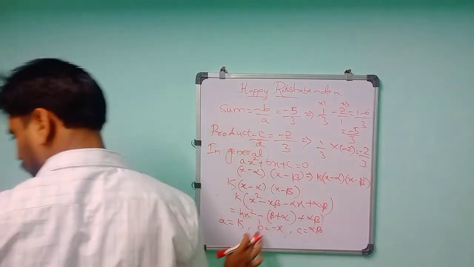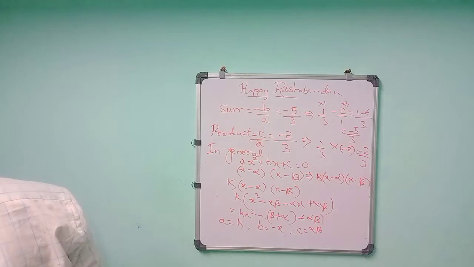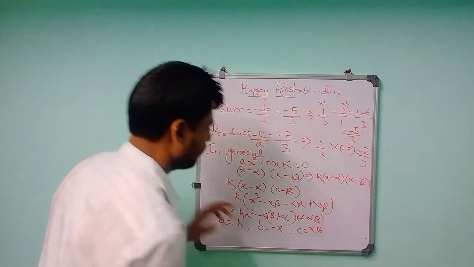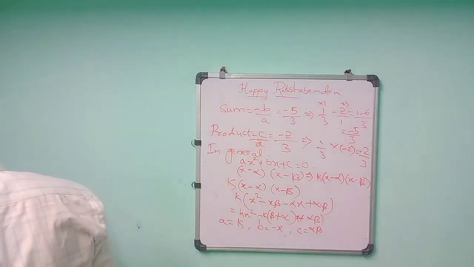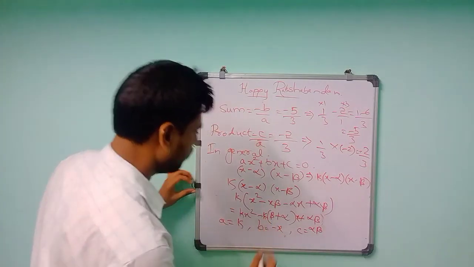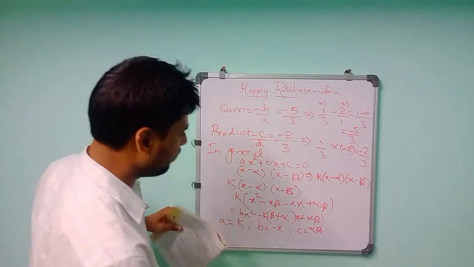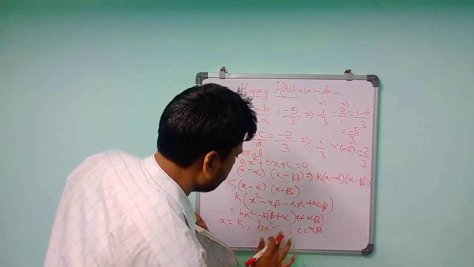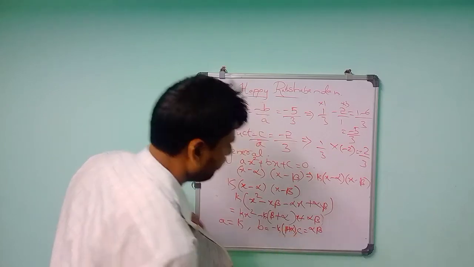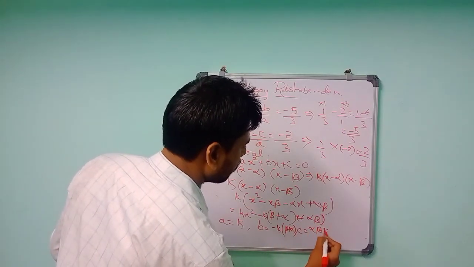K is also present, so k x and beta plus alpha. If we compare this, a will be k, b is equal to minus k into alpha plus beta, and c is the constant term, alpha beta, and k is there, so k alpha beta.